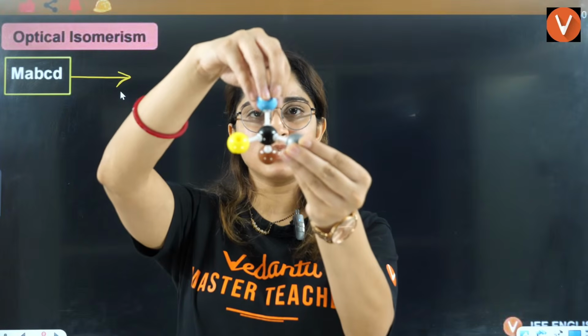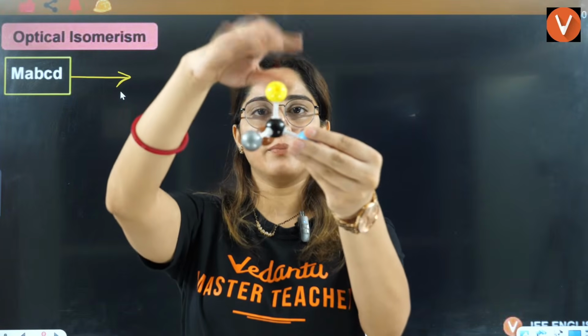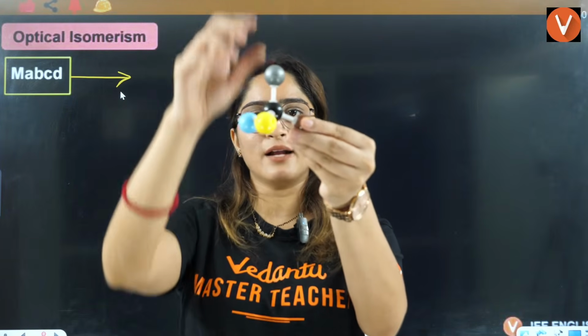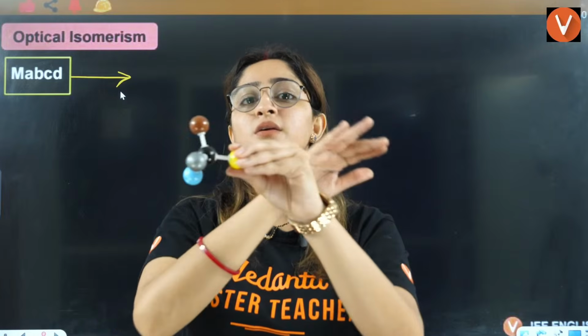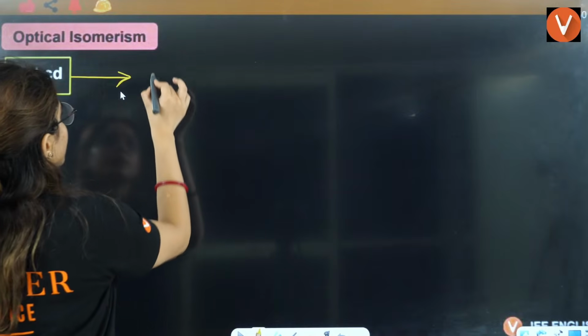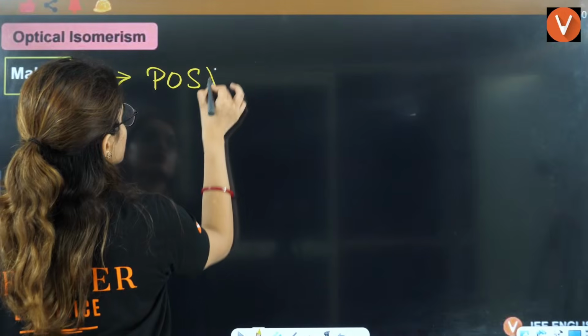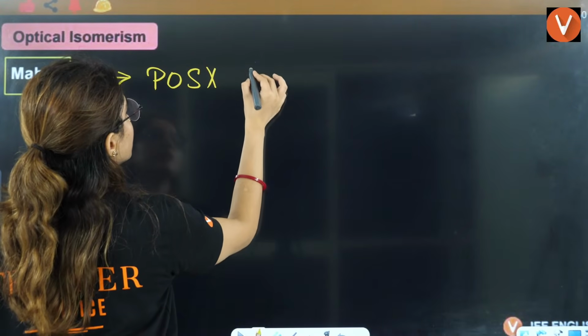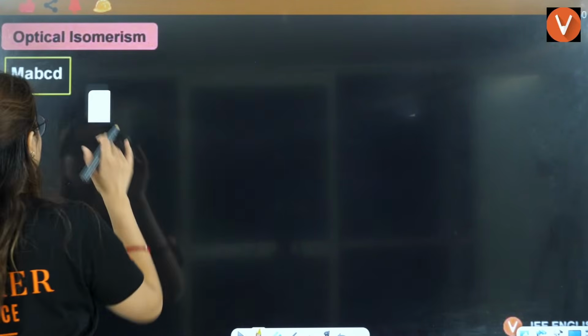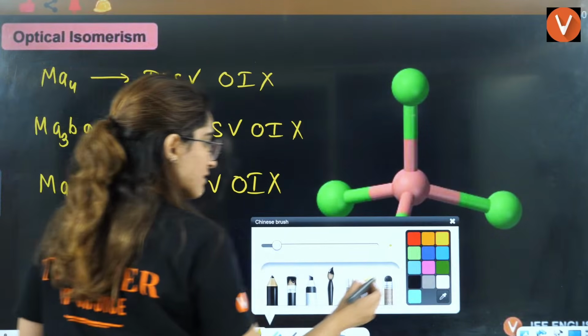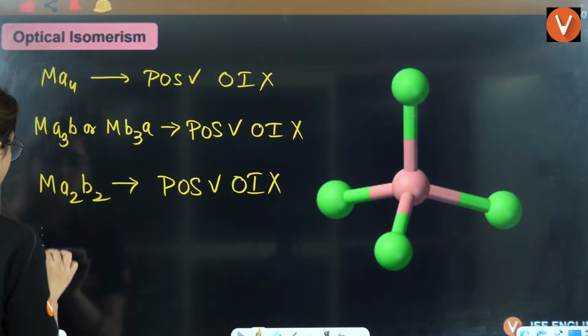If you keep this at the top, keep this at the top, there is no POS present anywhere. So you can say POS is not present. So here optical isomerism, I'll rather write it here.